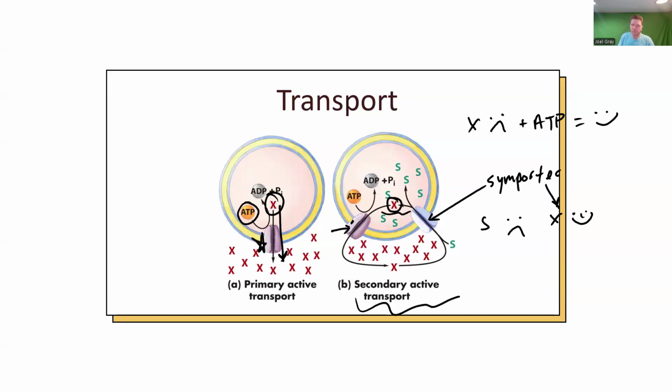That's favorable. Movement of S is frowny face. But when you combine these two, movement of S and movement of X, you get the overall thing to be positive. So that's why this is secondary active transport. The movement of S is a secondary movement that's secondary to the active step of moving X.